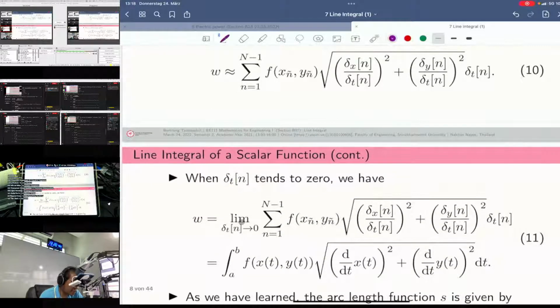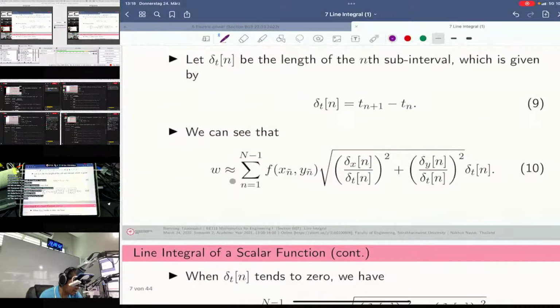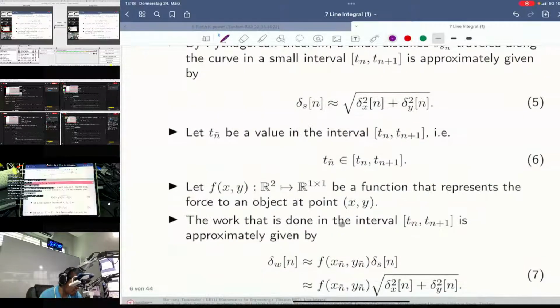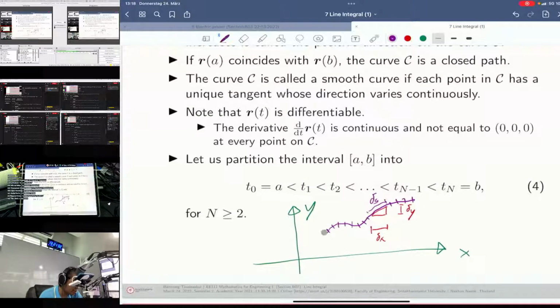Okay, and the summation of this one will turn to be integration. Please note that now we have an equality sign because we take the limit to 0 and the number of portions will tend to infinity.